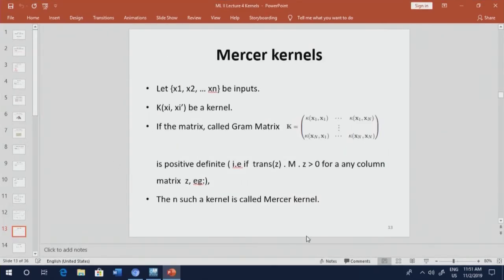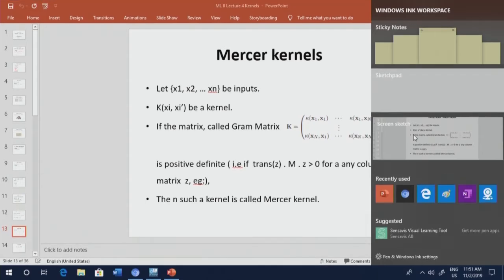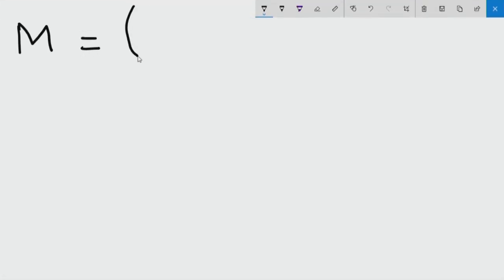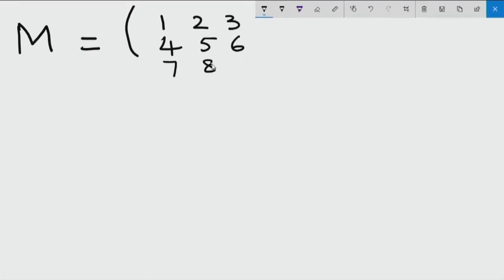If you have not understood, we will go back to see an example. Suppose we take M equal to one simple matrix: 1, 2, 3, 4, 5, 6, 7, 8, 9.